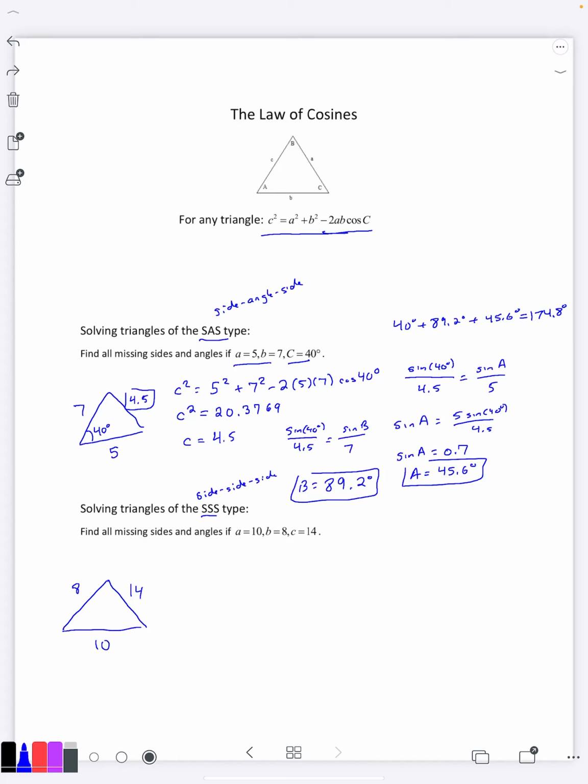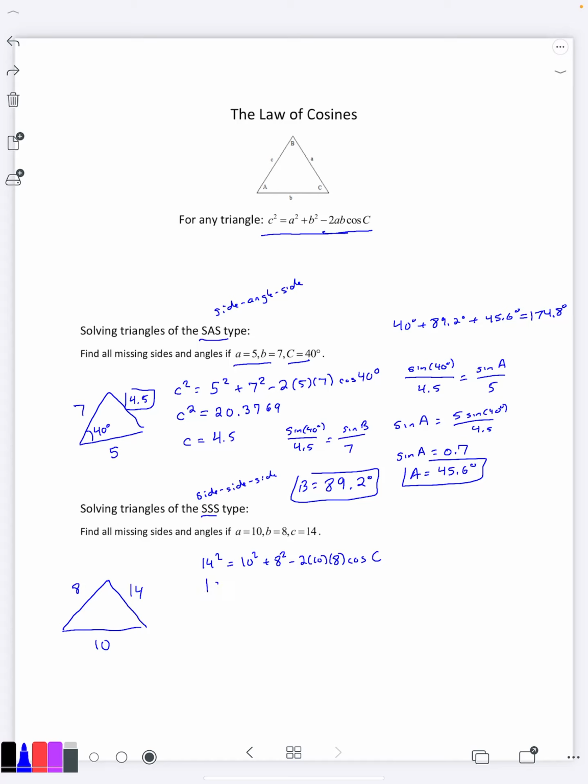Law of cosines says c squared equals a squared plus b squared minus 2ab cosine of the angle C, which we don't know, so that's going to be our one unknown here.